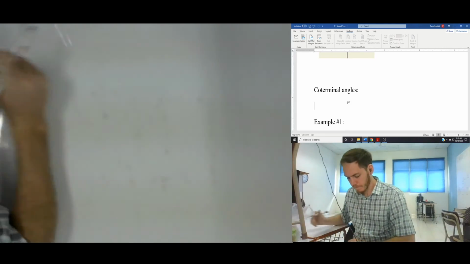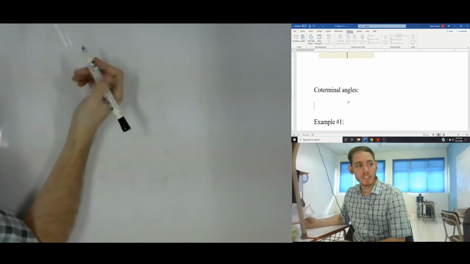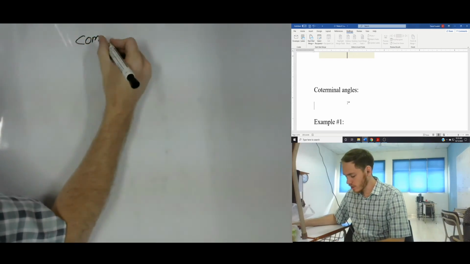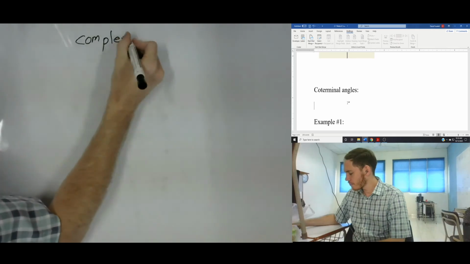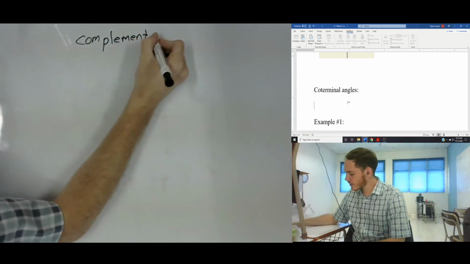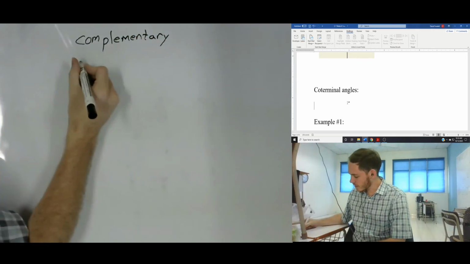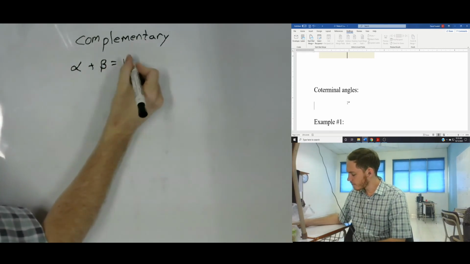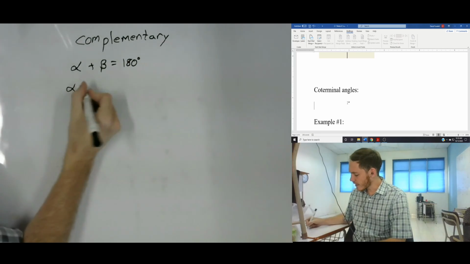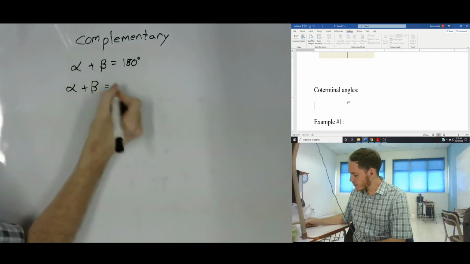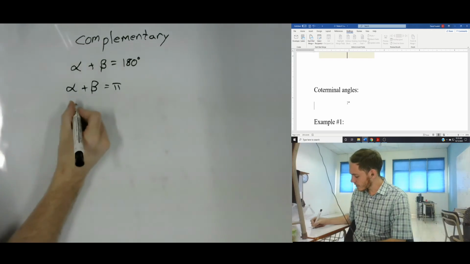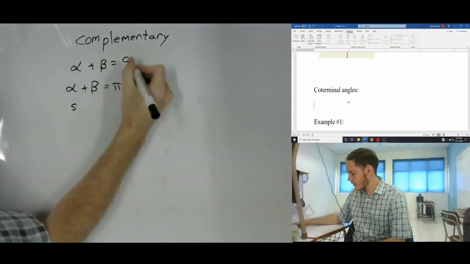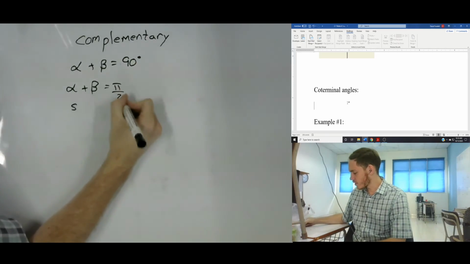Okay? So, complementary and supplementary. Complementary, this is just a brief note. Not going to spend too much time on this. Complementary means that if there are two angles, they add up to be 90 degrees, which is pi over 2.